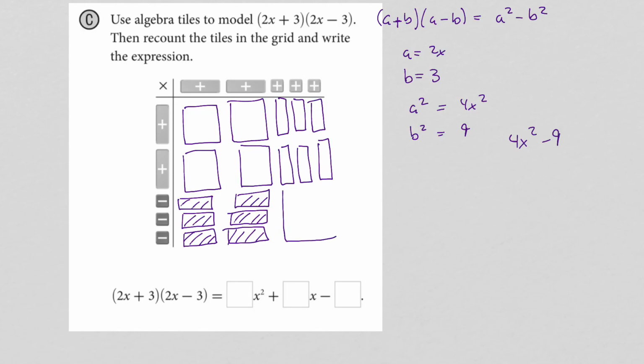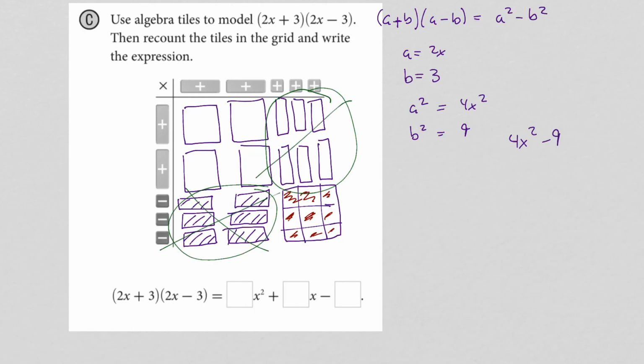And then I'm going to draw the grid for the sake of time. And then these are all basically negative. And these positives will cancel with these negatives, and you do in fact get 4x squared, 0x, and minus 9. So there you go.